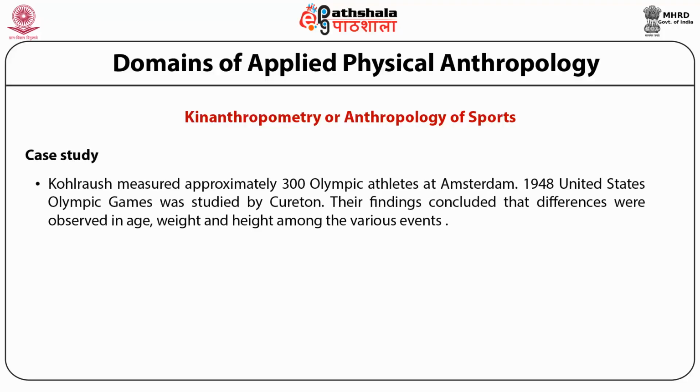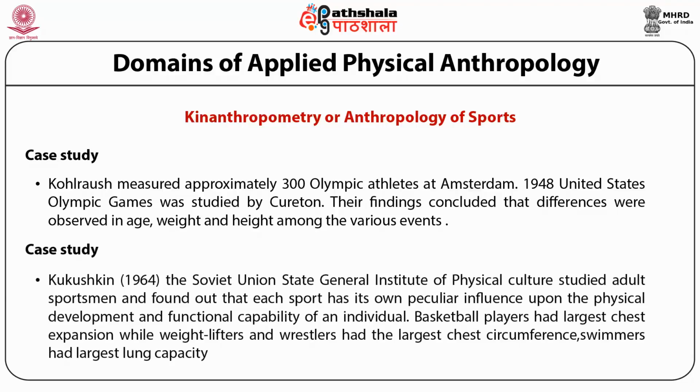Kohlrausch measured approximately 300 athletes at Amsterdam. The 1948 United States Olympic Games was studied by Kirsten. Their findings concluded that differences were observed in age, weight, and height among the various events. Tanner found out that there were marked differences in the somatotype of the athletes and the general population.